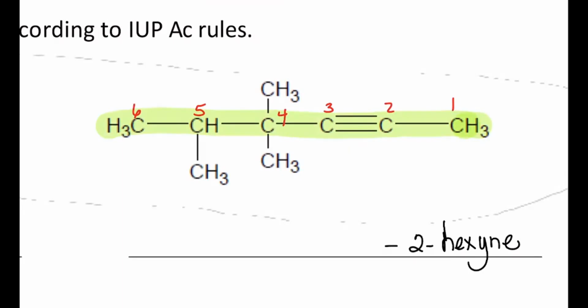How do we name the substituents in this alkyne? Awesome. Trimethyl. 4, 4, 5.